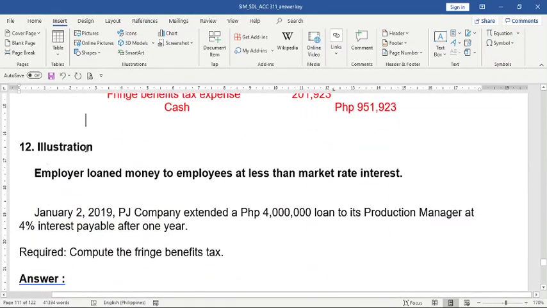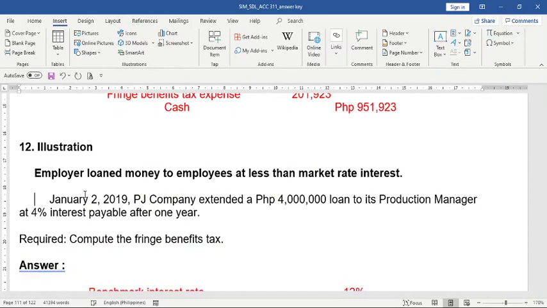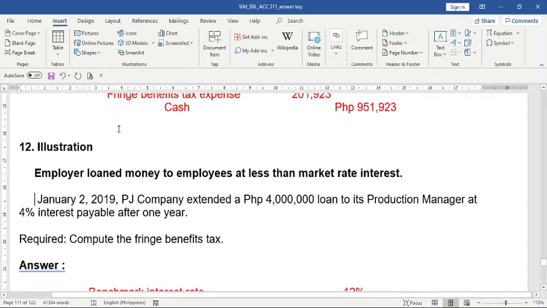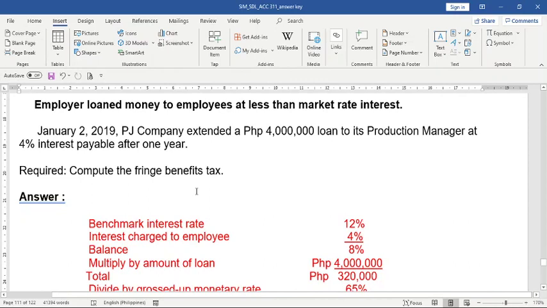The last illustration. If nagpahiram si employer, pa-loan ng money to the employees, the rate of the interest is less than the market rate. So, PJ Company extended a 4 million loan to its production manager, 4% interest payable after 1 year. Compute the fringe benefit tax. So, let's look on the benchmark interest. So, usually 12%.